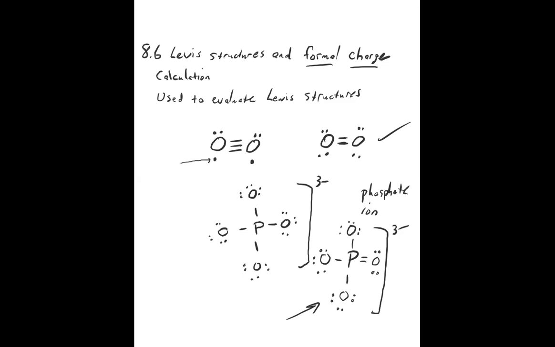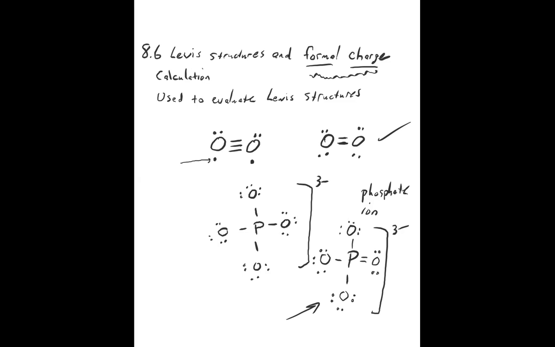So the question then would be, this one's a violation of the octet rule, so how could this be a better Lewis structure? Well, there's evidence that it is. We have to base our theories in reality, right? We can't just make up a theory and argue it's true because we want it to be true. It turns out there are certain structures that violate the octet rule, or at least appear to. So for that reason, we need another method of evaluation, and that other method is called formal charge.